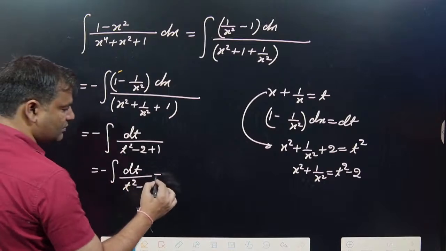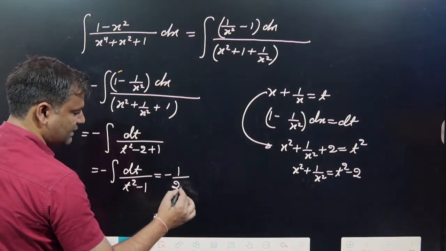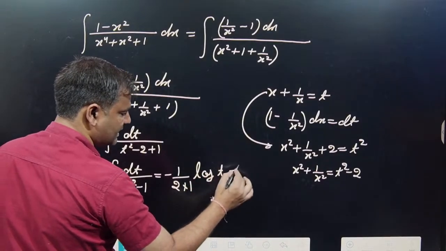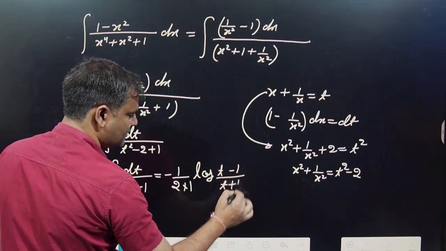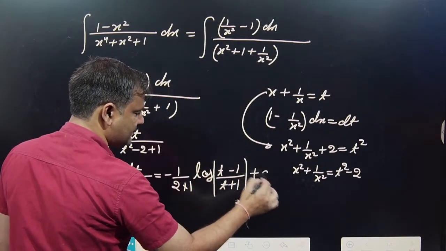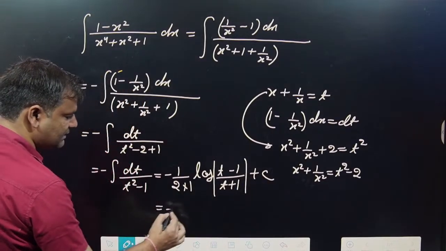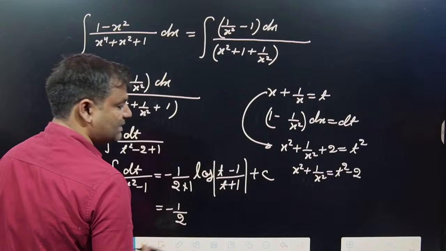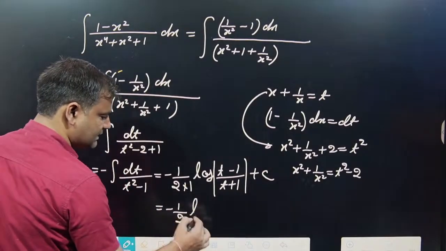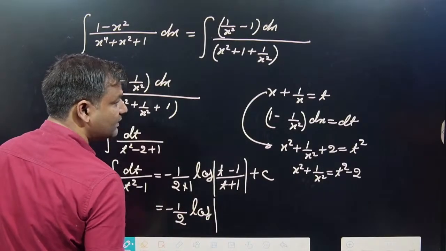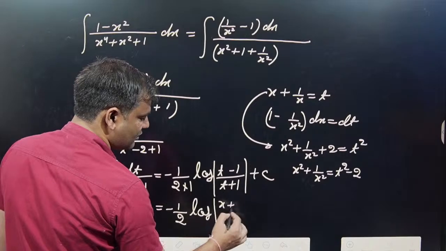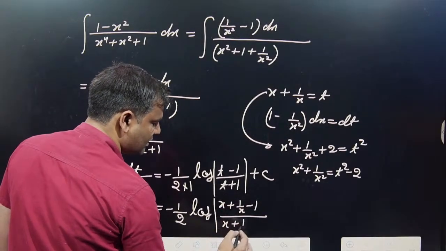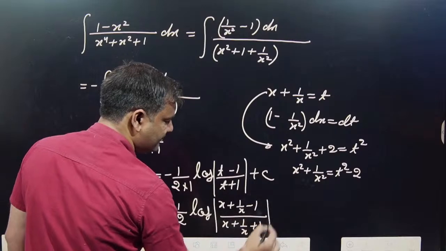Okay, now that is written as 1/(2a) into log of (t − a)/(t + a) plus c, and after that t is replaced by x + 1/x. So you can say log of modulus of (x + 1/x − 1)/(x + 1/x + 1) plus c.